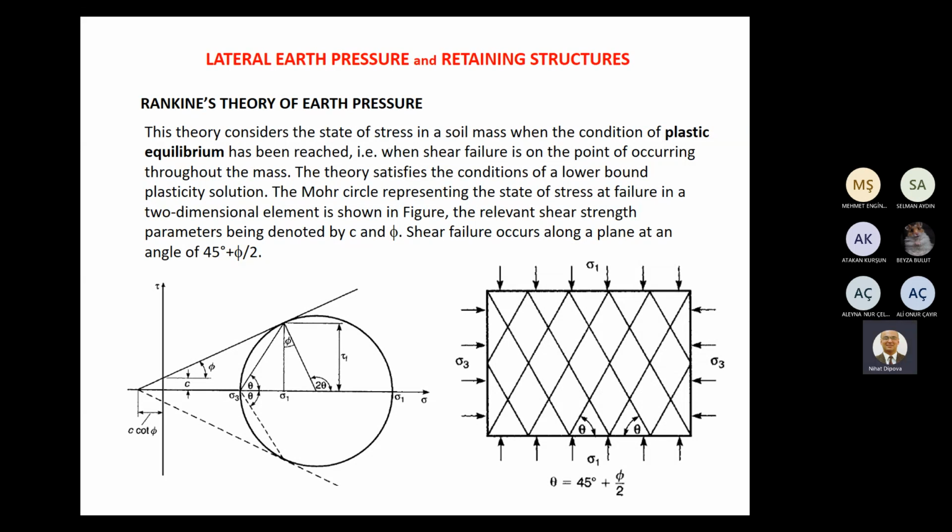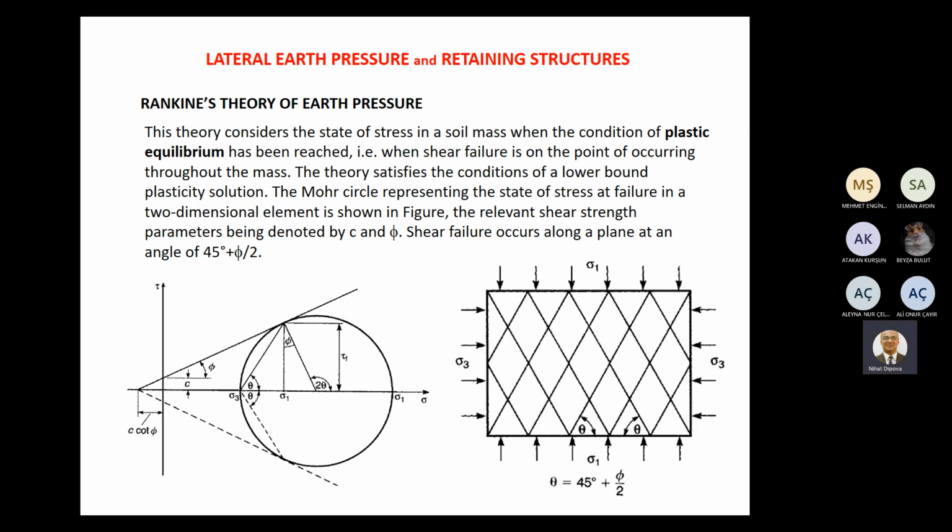As you know from soil mechanics course, Rankine's earth pressure theory considers the state of stress in a soil mass when the condition of plastic equilibrium has been reached. Due to what? Due to stress state change in the field.